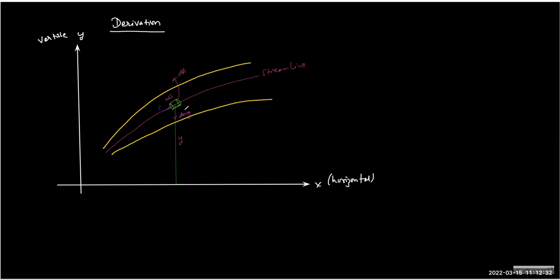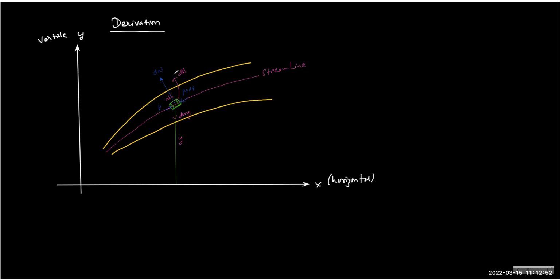Let's call the pressure P. But the pressure on the other side is, let's call it, P plus dP. So some force will be acting this way, which is again due to the pressure only, so you can call it normal.